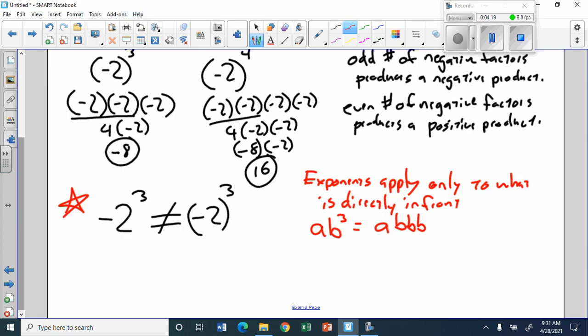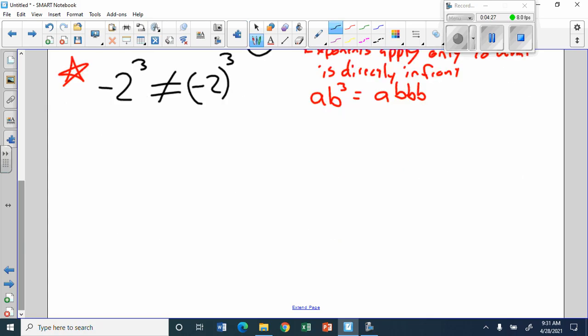And I think we know that. We've discussed that. We're aware of that. So over here, this negative 2 is exactly what he said. This is a negative of 2 cubed, where over here, I get negative 2 times negative 2 times negative 2.